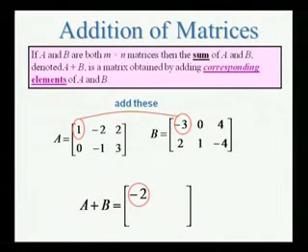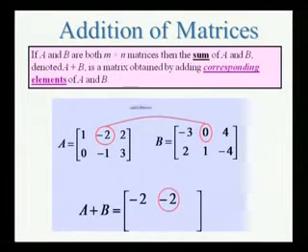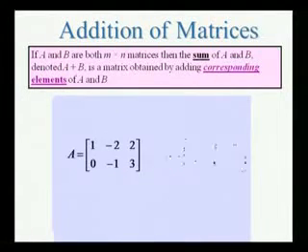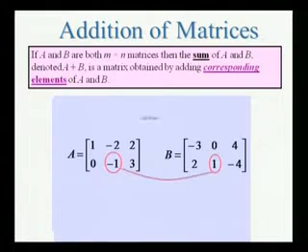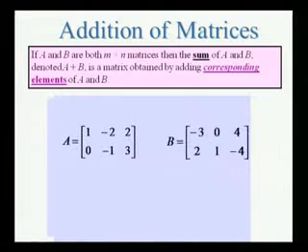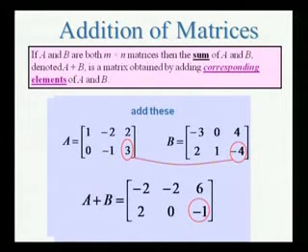In the same way, we add these two elements, which are corresponding elements, and we get minus 2. If we do all these additions of corresponding elements, then after the addition of matrices A and B, the final answer is minus 2, 6, 2, 0, minus 1.